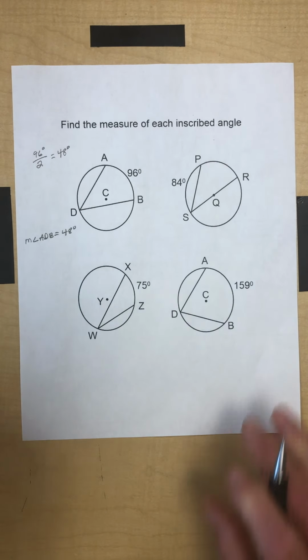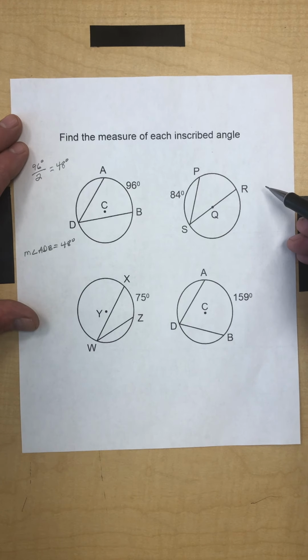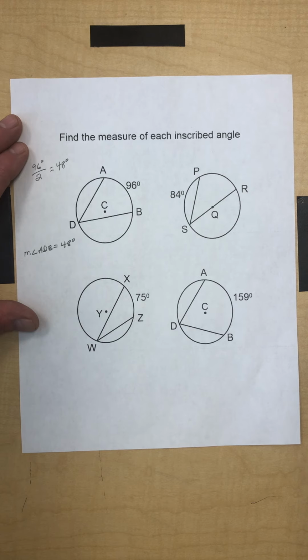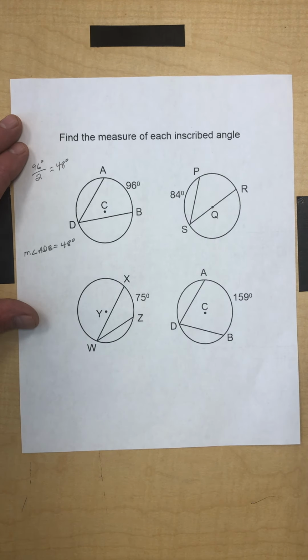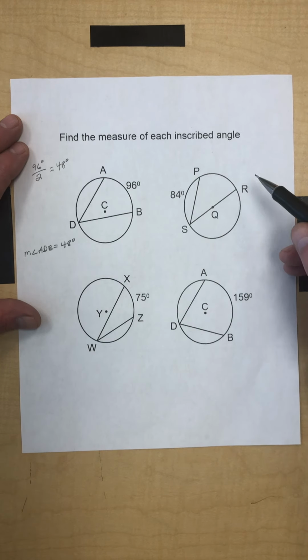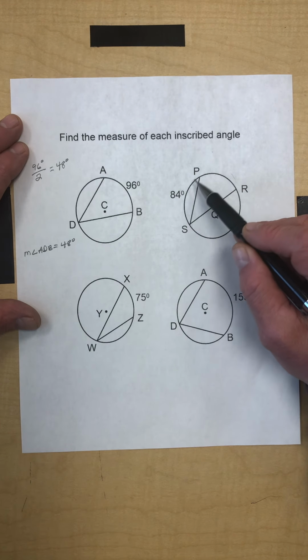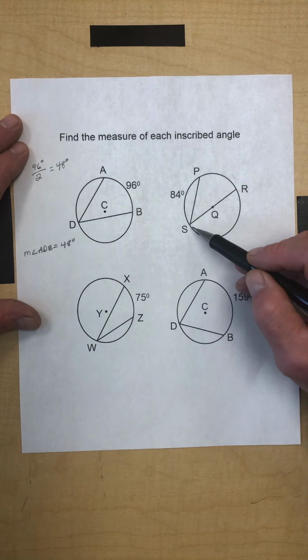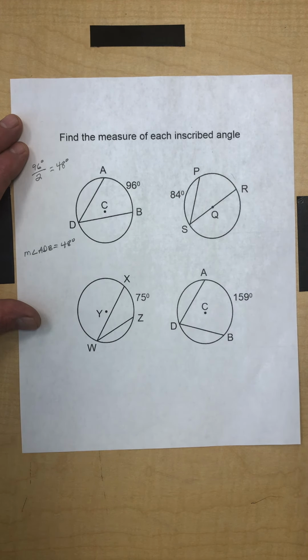Now let's see the top right. The problem with this one is if we look at the inscribed angle PSR, the intercepted arc is arc PR, and we don't know what that measure is, but we can easily find it. Notice that arc SPR is a semicircle, so the measure of arc SPR has to be 180 degrees.